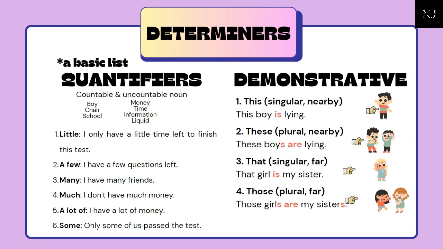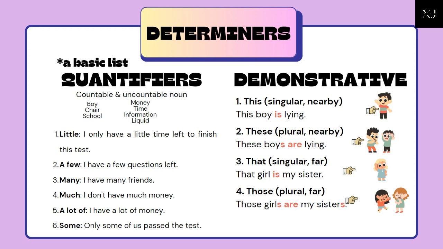You can see number 2, I highlighted a few words in pink. We say "these" is more than one, meaning our word "boys" we need to change to plural, and "are," we also need to change to plural. "That" and "those" are for things that are far away. Difference again, one is singular, one is plural. That girl is my sister. You see, sister is also singular.